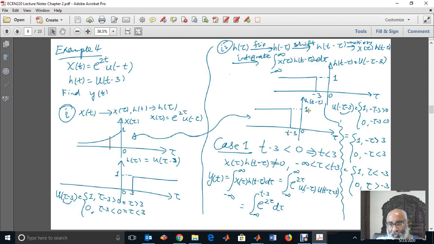And because this is 1, it will not change the amplitude of x(τ). It only limits x(τ) to from minus infinity until t minus 3.